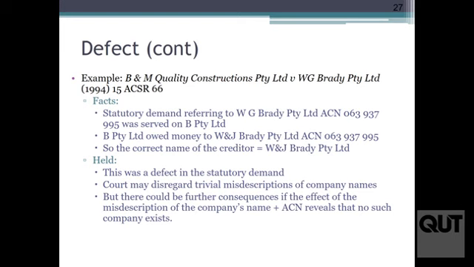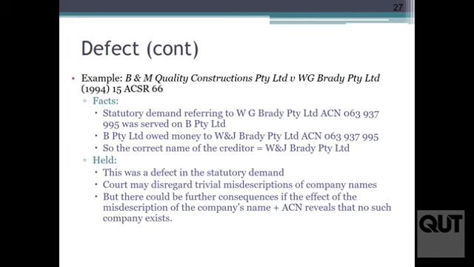So in the case of B&M Quality Constructions and W.G. Brady on your PowerPoint, this is, I guess, a slightly strange case really. You had a statutory demand referring to W.G. Brady Proprietary Limited. But the creditor was actually W&J Brady Proprietary Limited.